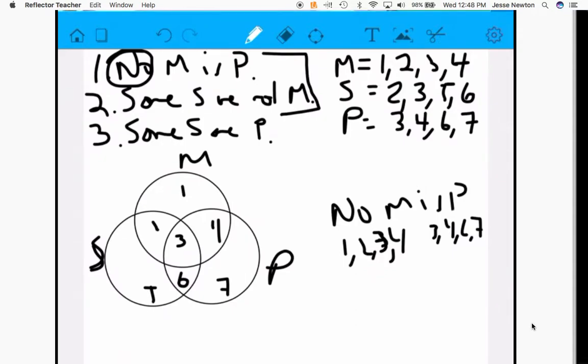We look for the regions of overlap, which are 3 and 4, and scribble that out. We're saying no to 3 and 4, so we shade in 3 and 4.